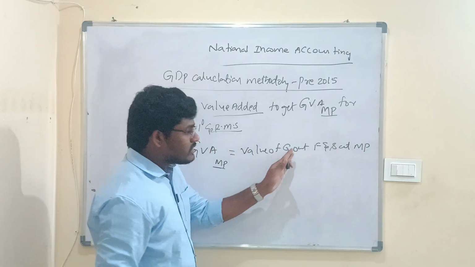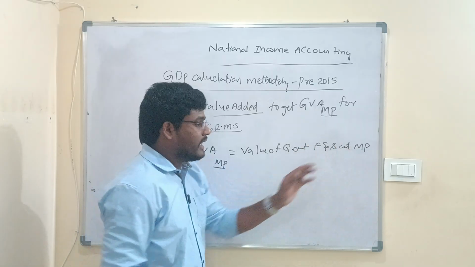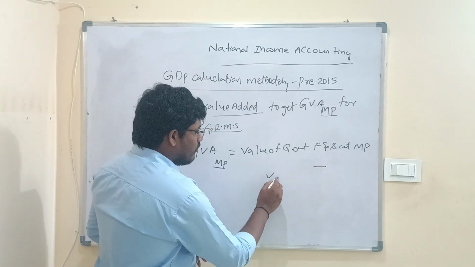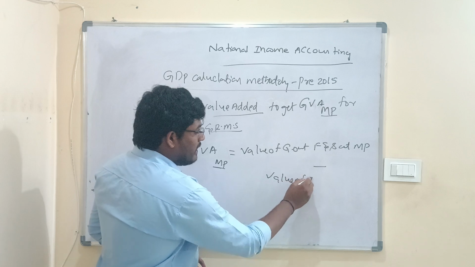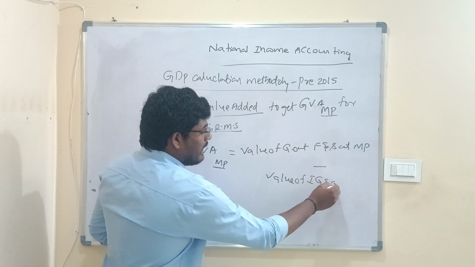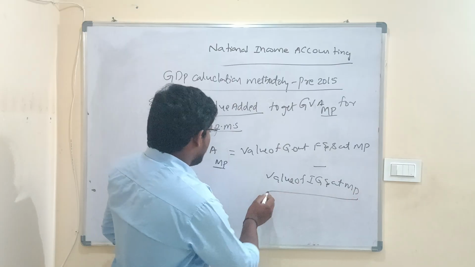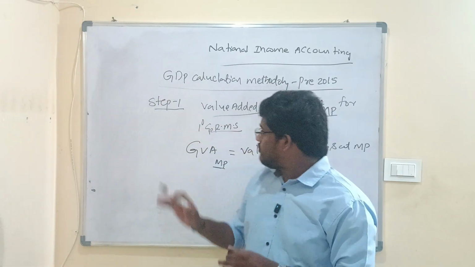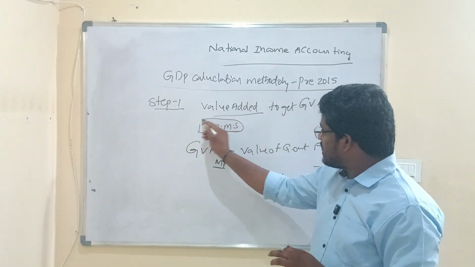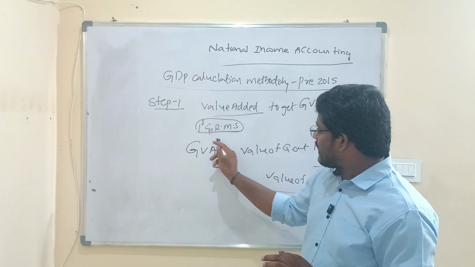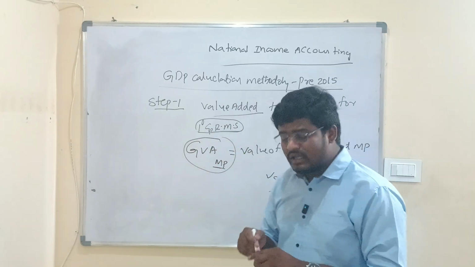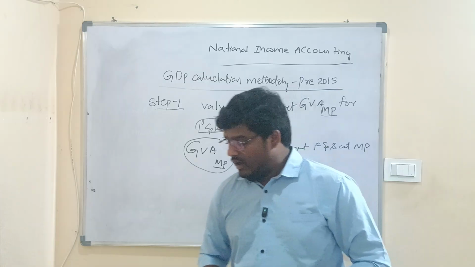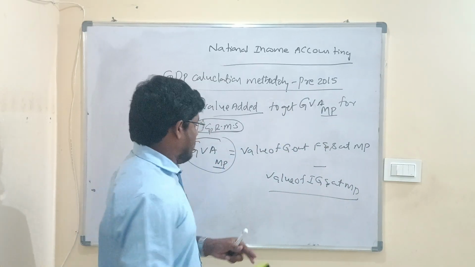So it is the value of gross output of final goods and services at market price minus the value of intermediate goods and services at market price. This is the point you have to keep in mind. So for the primary sector and registered manufacturing units, first we calculate gross value added at market price.